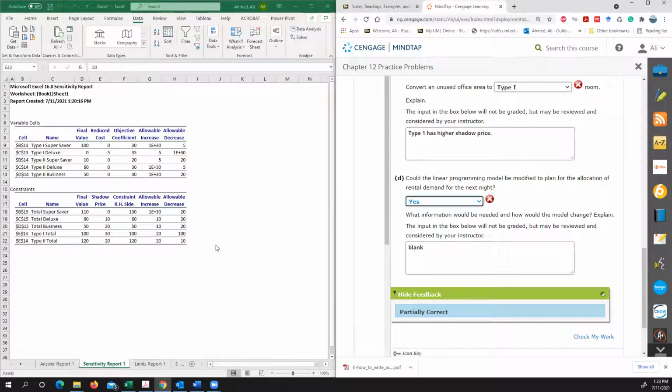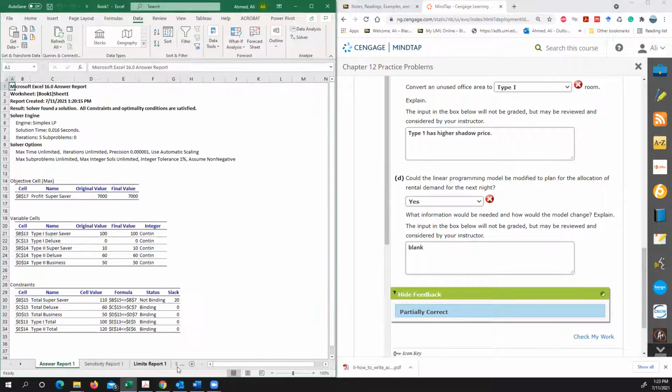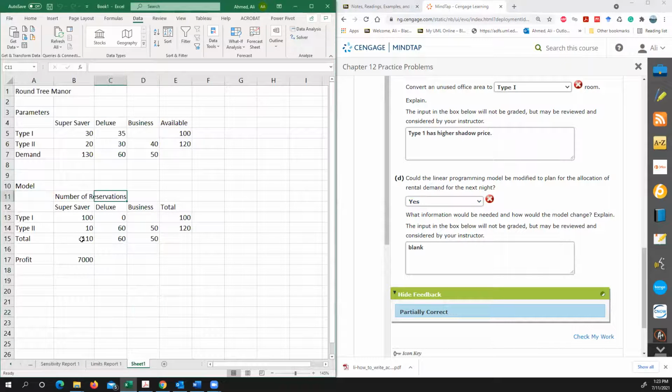Once we have the demand forecast, because in our model this is our demand, we can use these numbers and predict for the next night. We just have to change this area.